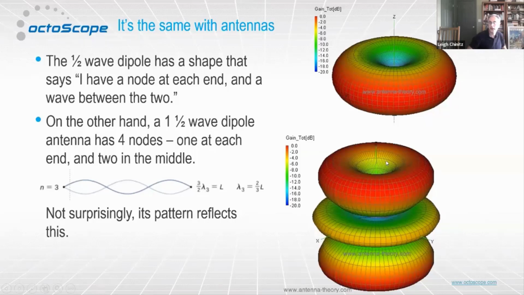And if you look at what the antenna pattern looks like in that case, it looks like what's shown here. And again, it's not surprising. Essentially, you're fixed at the top and the bottom. You don't have energy coming out directly up or directly down. You've got a big lobe here on the top, a big lobe here on the bottom, and you have 2 nodes in the middle and a third lobe directly in the middle. So the pattern basically reflects this kind of shape.